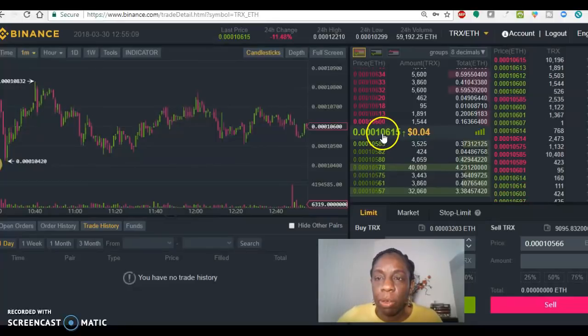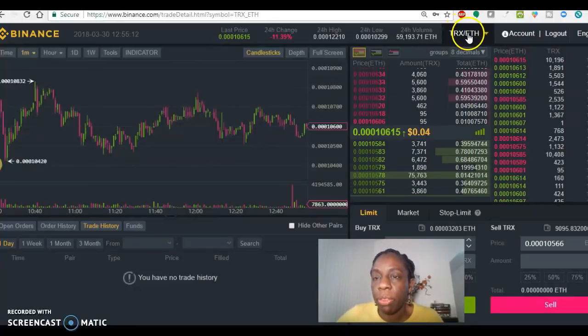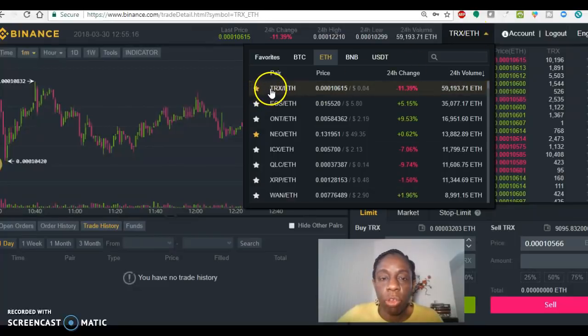So right now, the price... Oh, and the other thing is I'm actually using this trading pair, Tron and Ethereum. Now, you could use Tron and Bitcoin. There's no reason why you can't, but I just have a preference for Ethereum, and I have an accumulation of Ethereum, and pretty much I use Ethereum to purchase my altcoins.